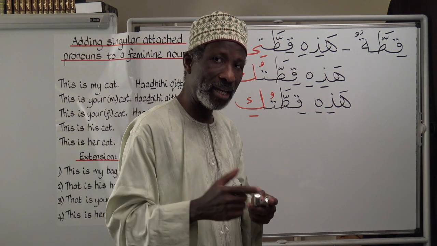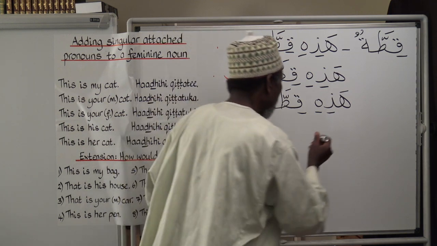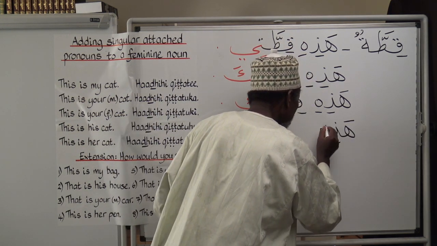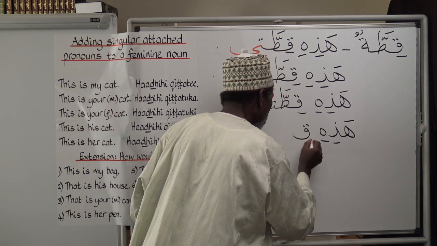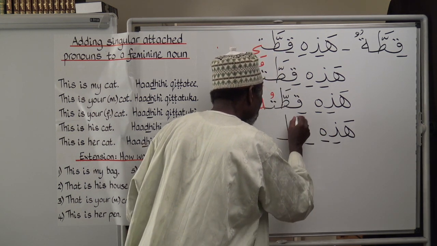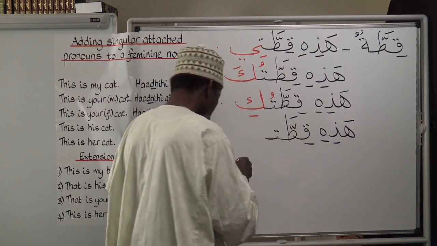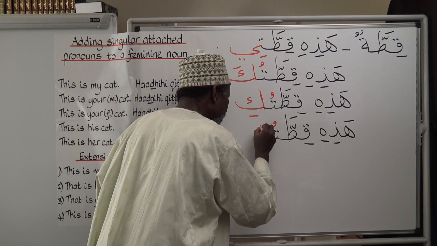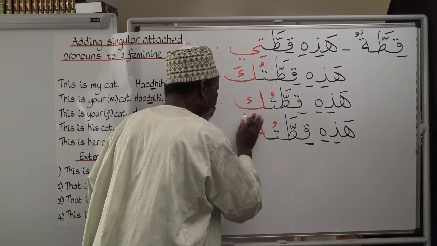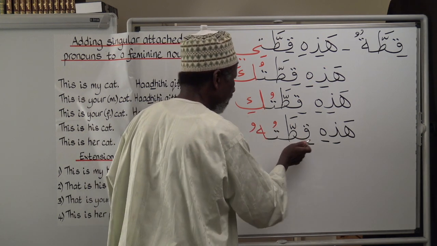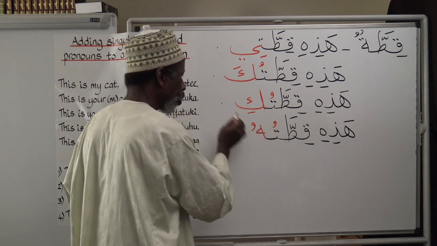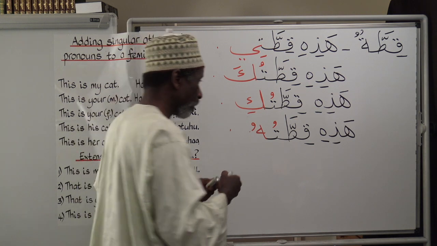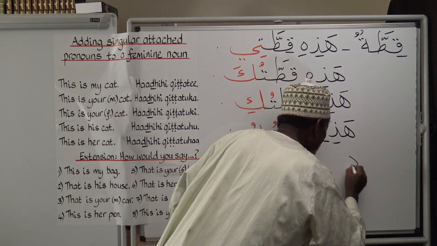Remember, hu ending is for his. Hadhihi qitta, again tu, dhamma, and then hu ending. Qittatuhu. Hadhihi qittatuhu.